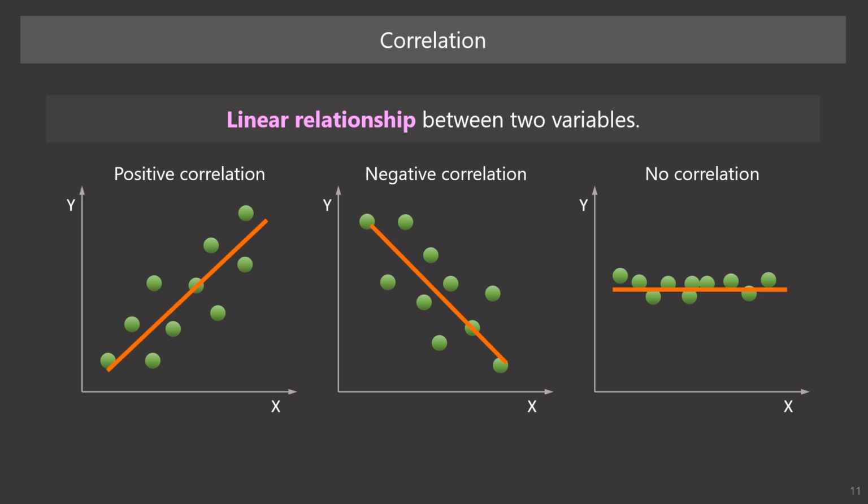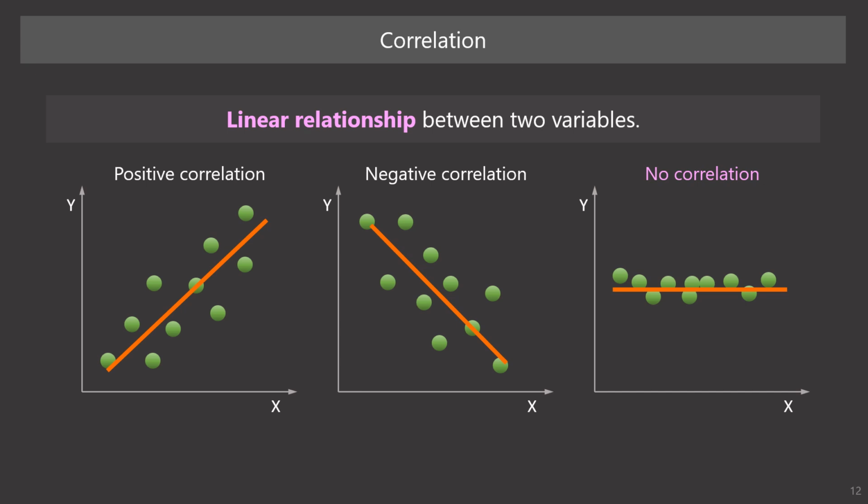It is important to know that correlation refers to a linear relationship where two variables move in the same direction or the opposite direction. So, if we can approximate the relationship between x and y by a horizontal straight line, we should say there's no correlation.